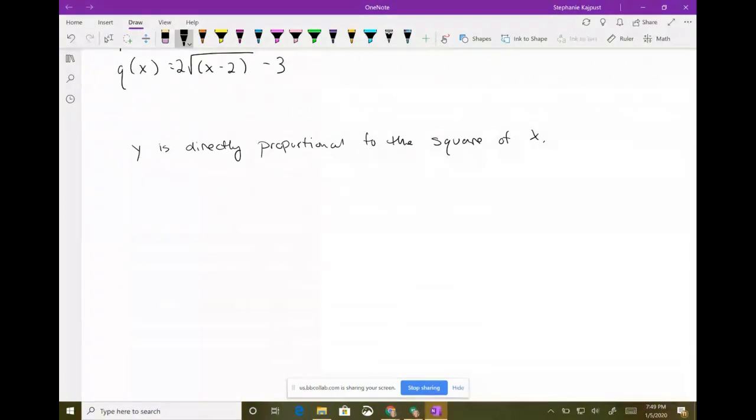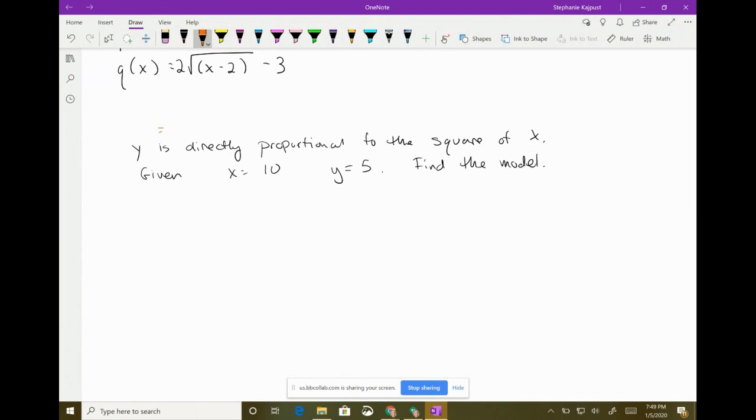And you are given, let's say x equals 2, y equals, I'm just making these up, so these numbers could be gross. Find the model. So if you're given something like that, we need to do a translation.